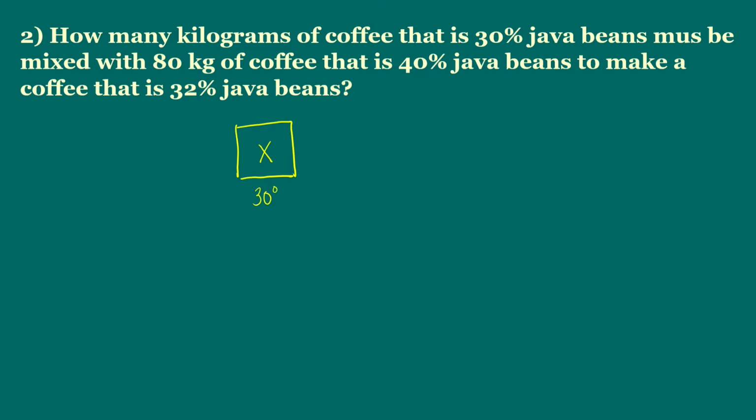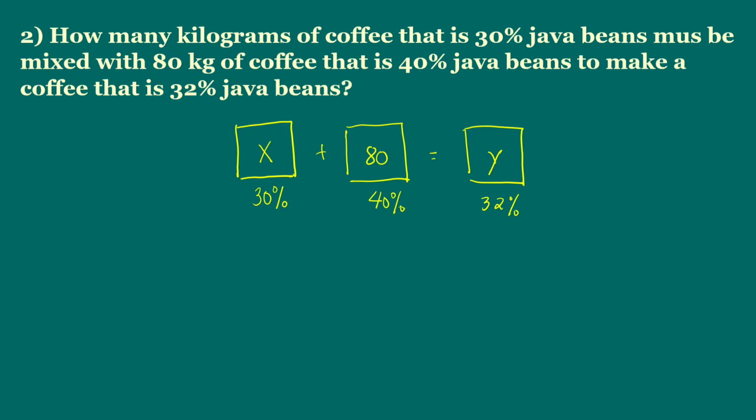We do not know what's the mass of this 30% Java beans to be mixed with 80 kilograms of coffee that is 40% Java beans to make a coffee that is 32% Java beans. And there's also no mass given for 32%. So we assign another variable. Let us assign y for that.